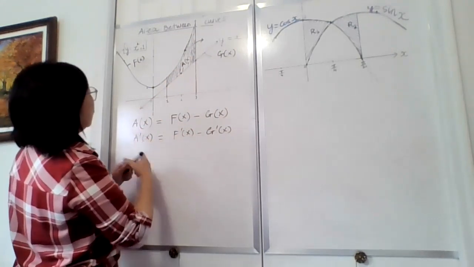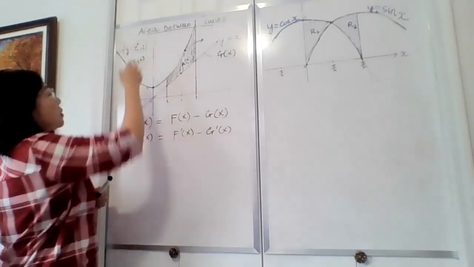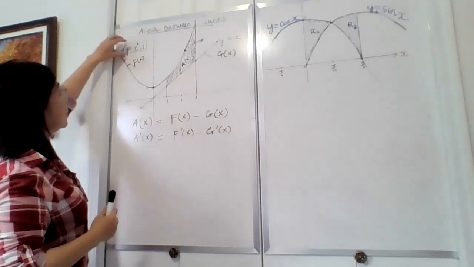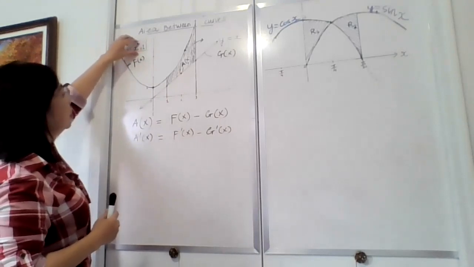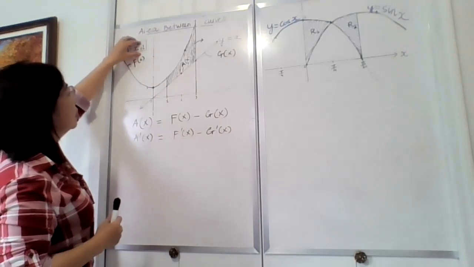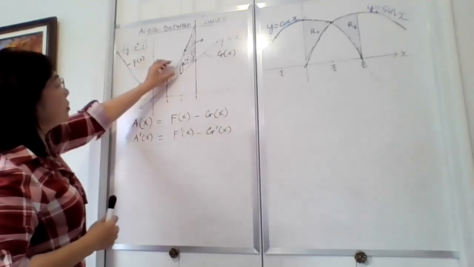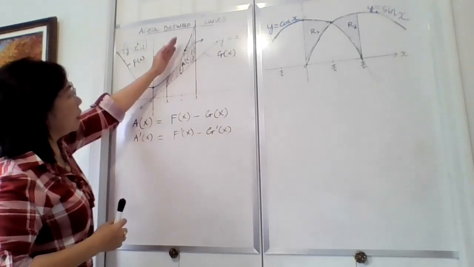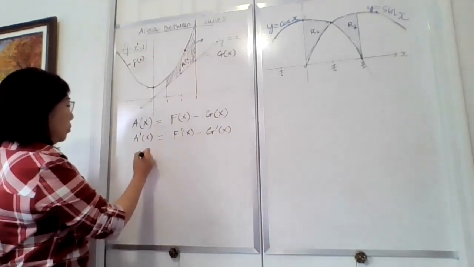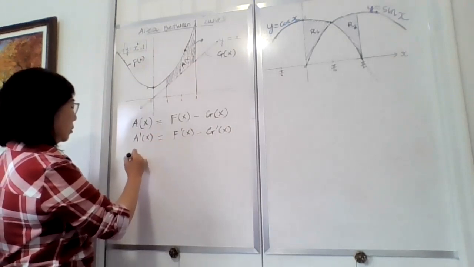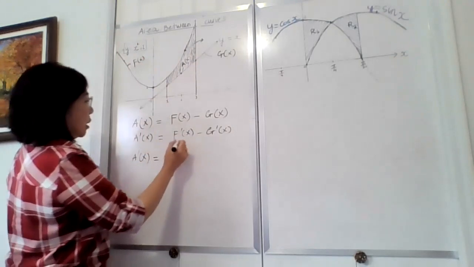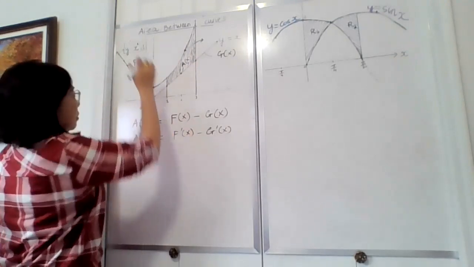So remember from the concept of the previous lesson, we acknowledge that the function here, the original function here, actually is the derivative of the area under the curve. So if we substitute the function, right? Remember, this is the derivative.